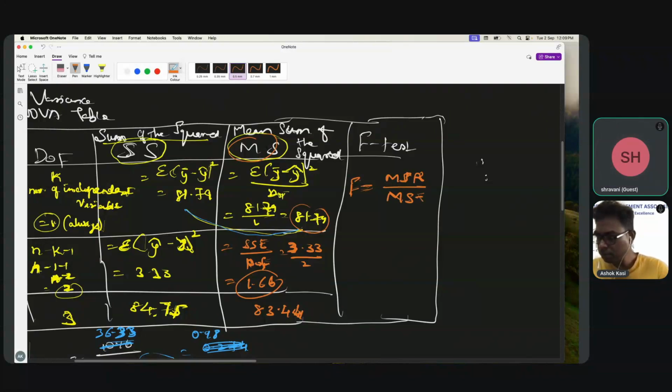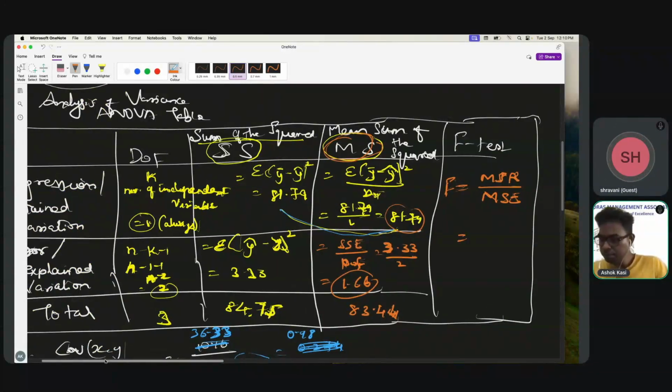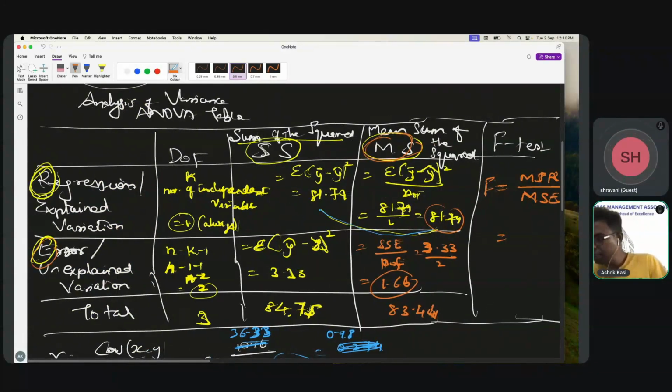Why it is like this, you will come to know. It is actually variance by variance only. So MSR is what? This is MSR. MSR will be 81.79, correct? Yes.